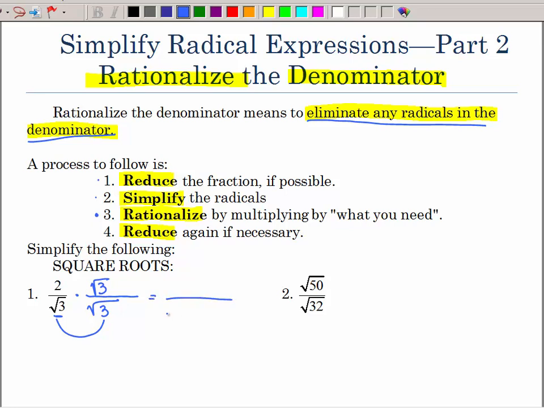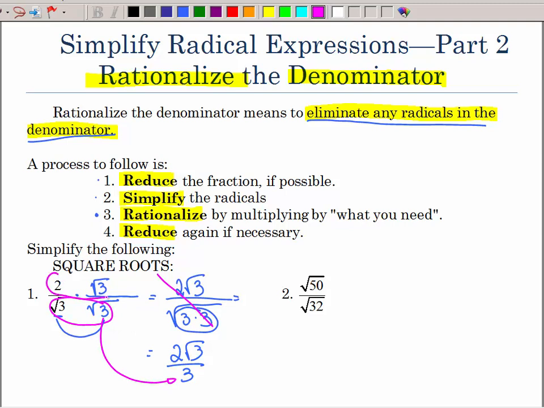So what I've created in the bottom is a perfect square of 9, and on the top I have 2 times the square root of 3. So what is the square root of 3 times 3? It's just 3. Now we really could bypass this step if you wanted and go straight to, if you have a pair of 3's, it comes out of the radical, and then we would just multiply the top part.